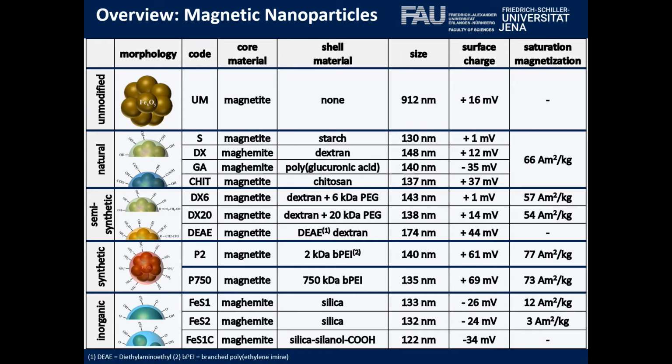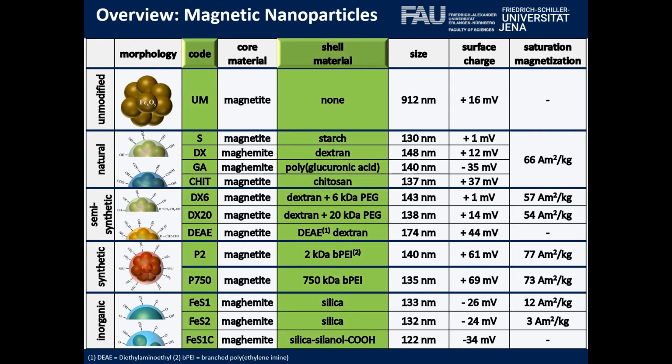We always use an iron oxide core consisting of different core materials, and the core is then coated with different shell materials, with natural materials, semi-synthetic materials, synthetic materials, and inorganic materials.